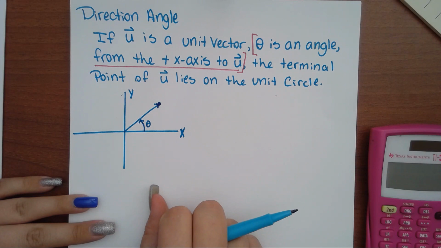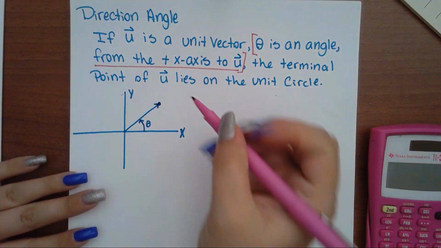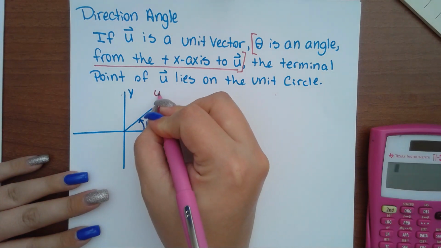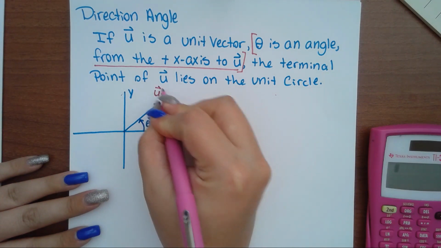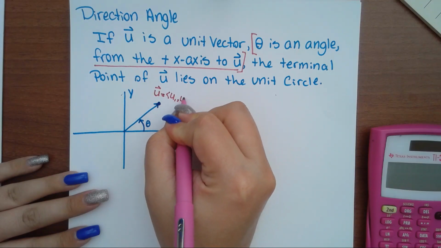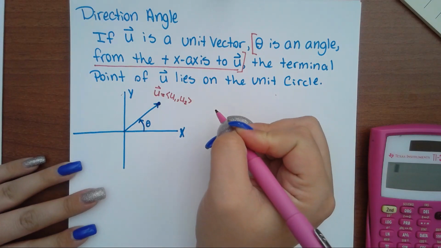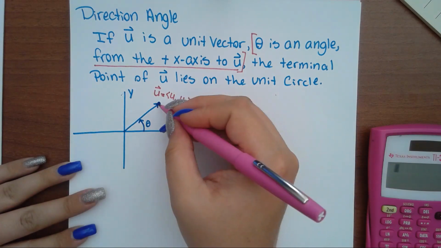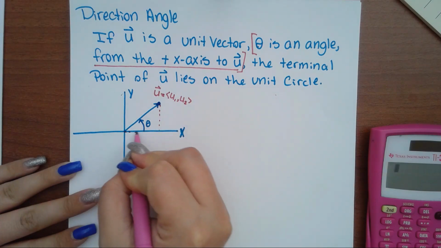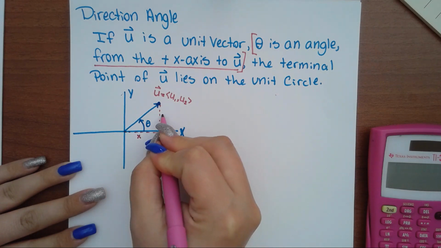Now I just want to point out a couple of things. If this is vector u, remember that that means that this is u1 comma u2, that point. And then note that this could create kind of a right triangle if we go across and up, where this is the x length of the triangle and this is the y length of the triangle.